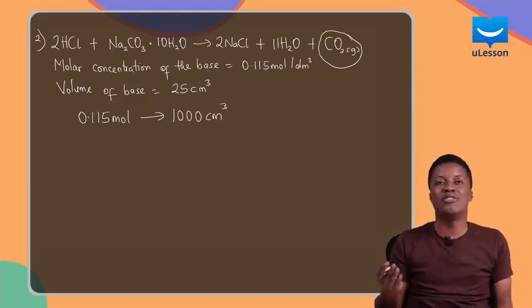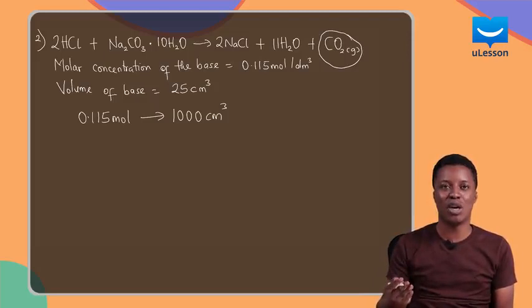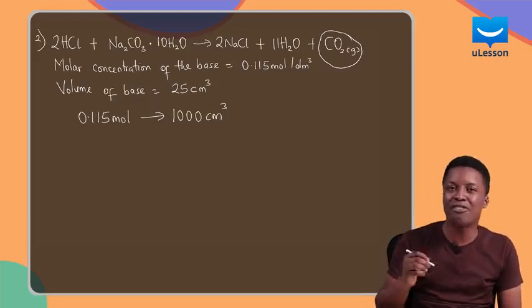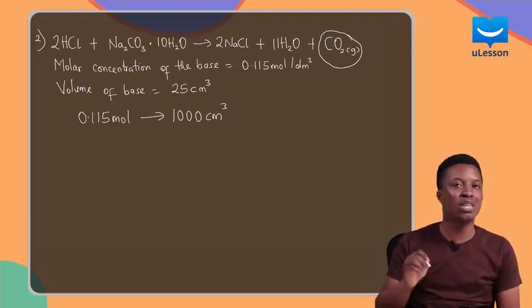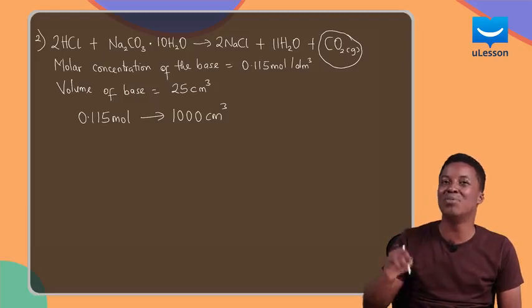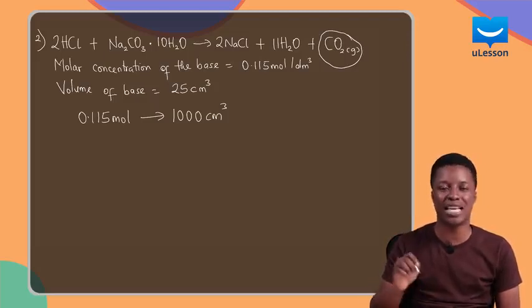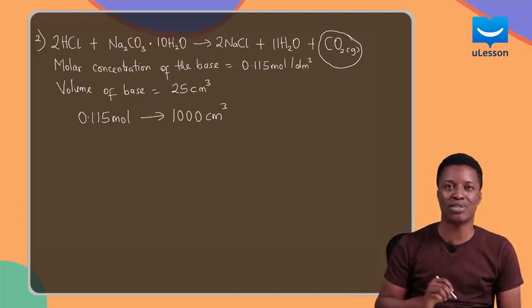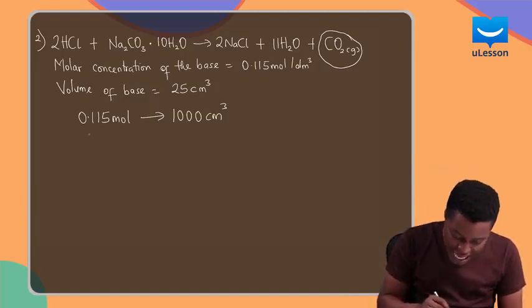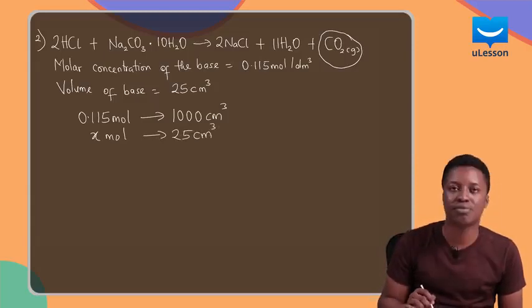But of course, we're not given 1000 cm cube of solution. We're only supplied 25 cm cube. So now we have to find the number of moles of the base in 25 cm cube and not in 1000 cm cube. So we'll say X moles of the base will be in 25 cm cubed.